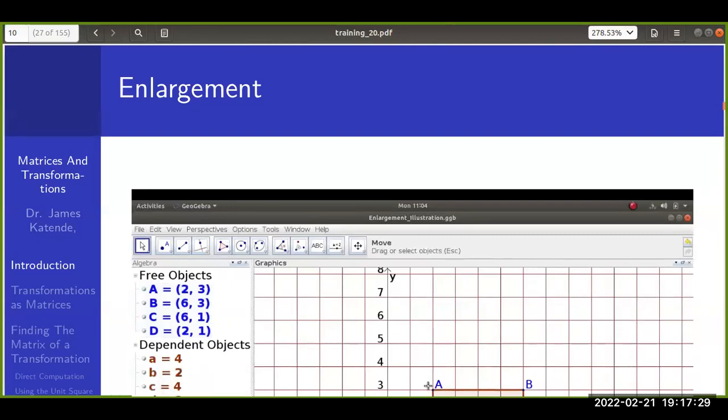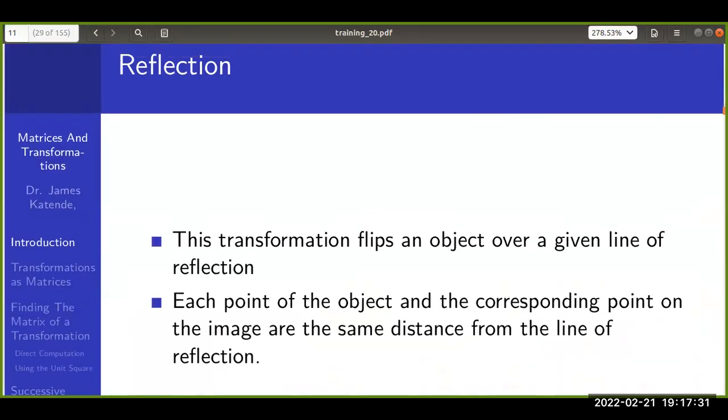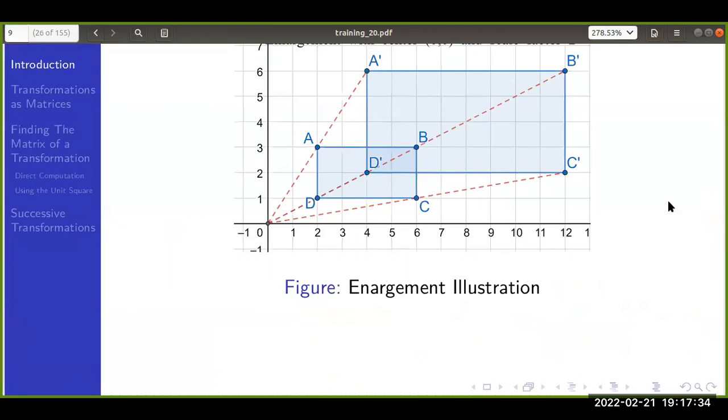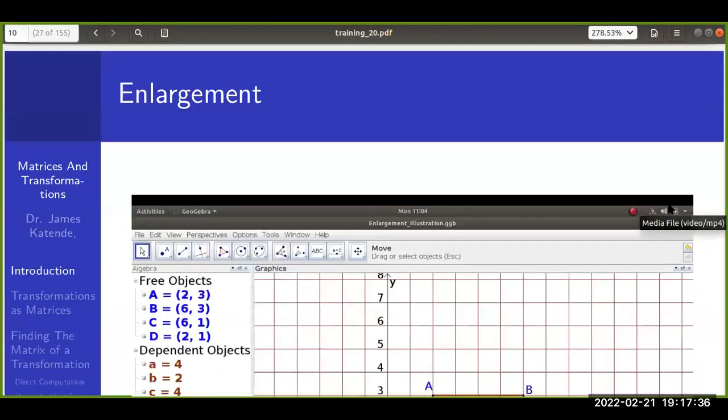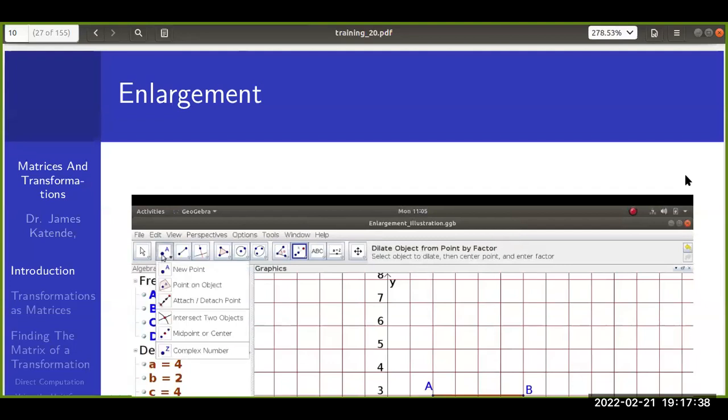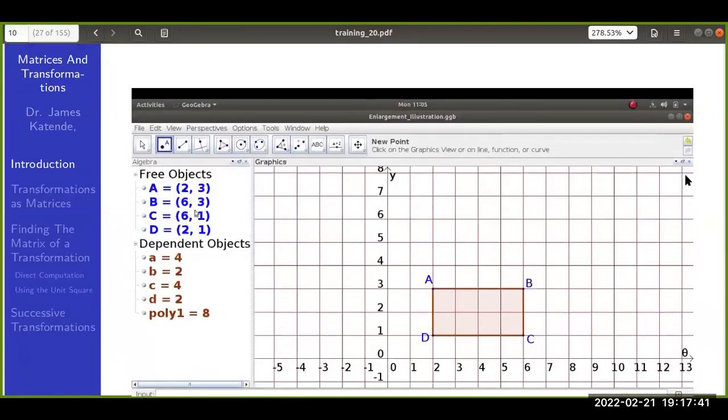This is the one I'm looking for. It's moving too fast. There, let me align it properly.